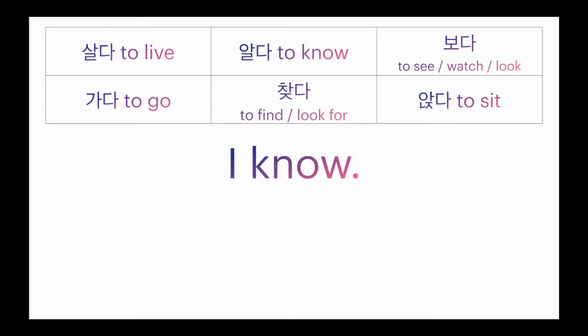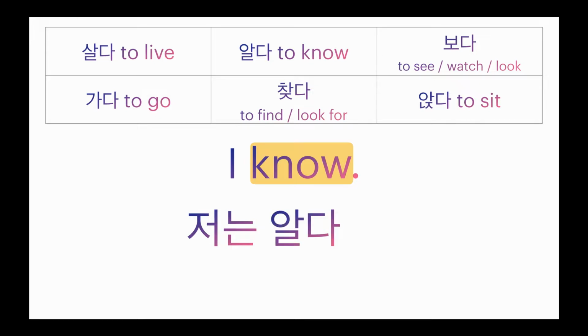Let's start with I know. I, 저, plus the topic particle, 는, 저는, know. So we've got our dictionary form 알다, and we know to follow our rules, drop 다, and then because the final vowel is 아, which follows our rule of if the final vowel is 아 or 오, then we add 아.